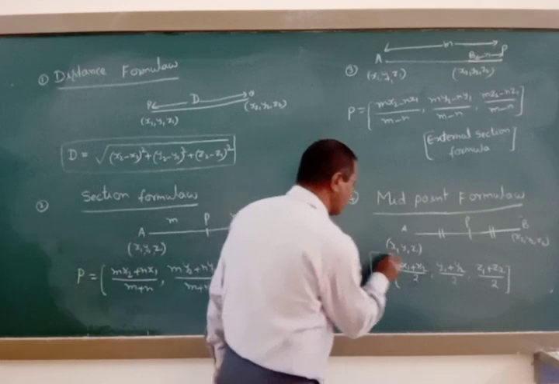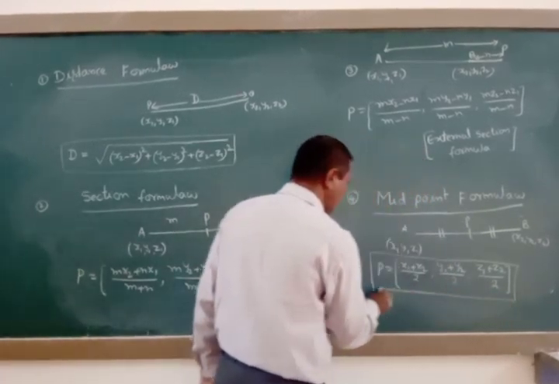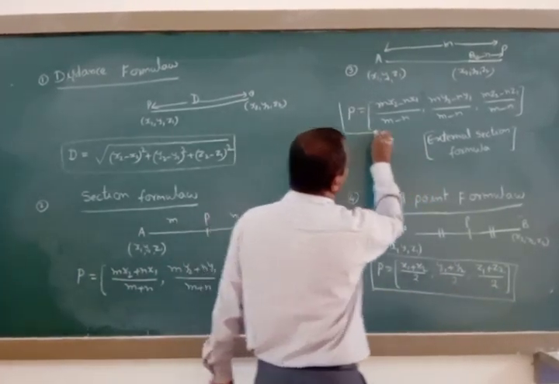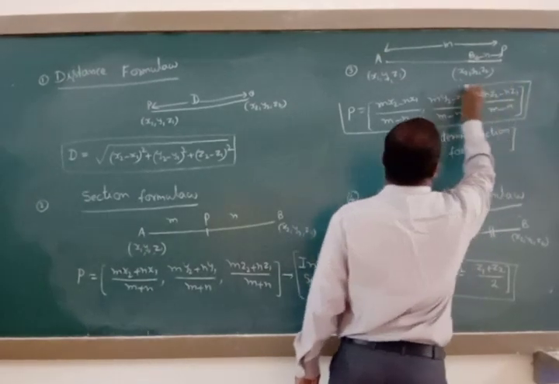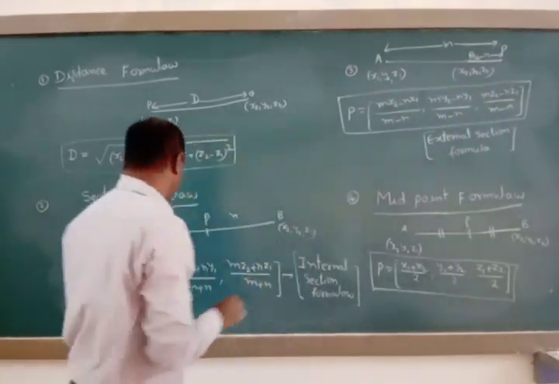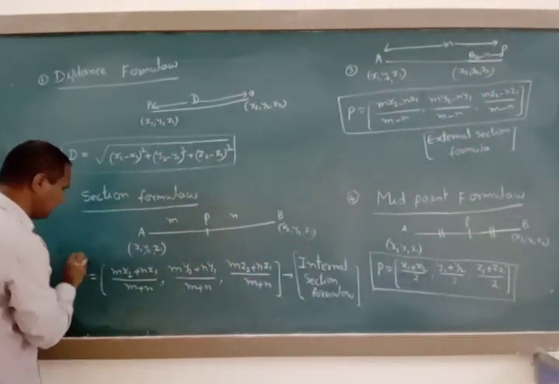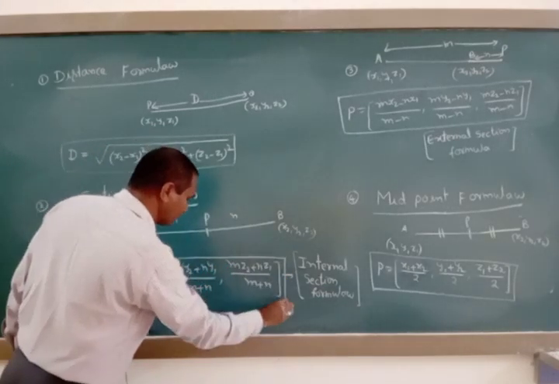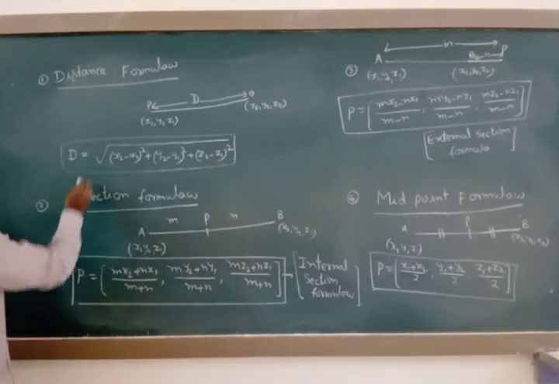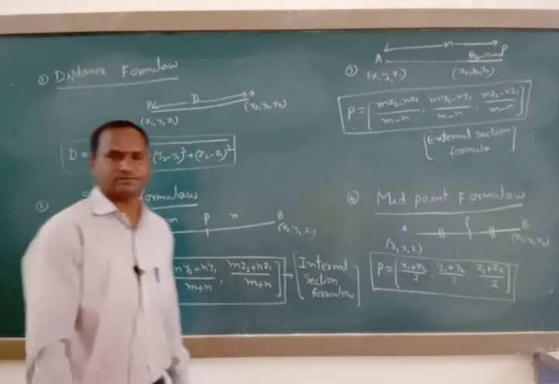This formula is called the midpoint formula, this formula is called the external section formula, this formula is called the internal section formula, and this formula is called the distance formula.